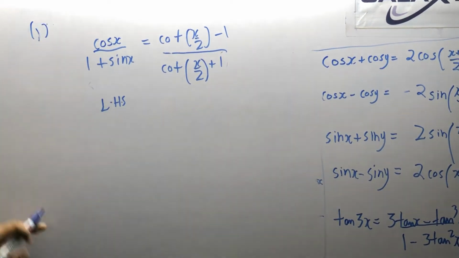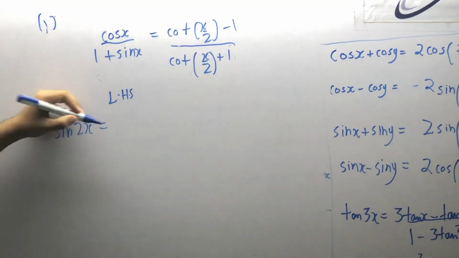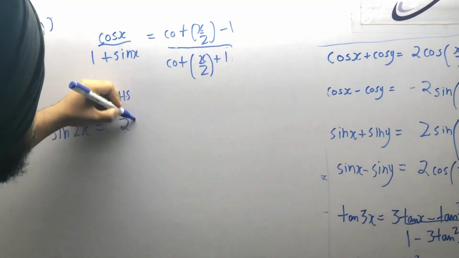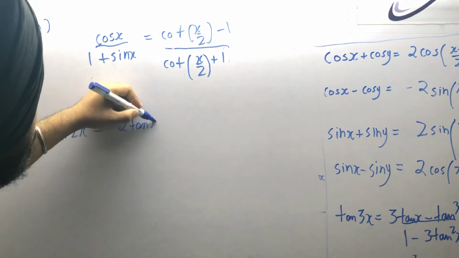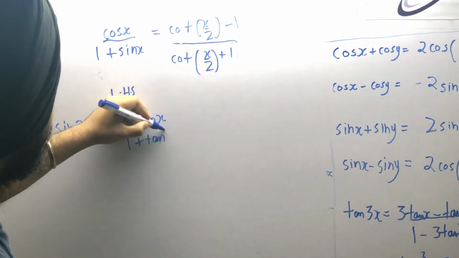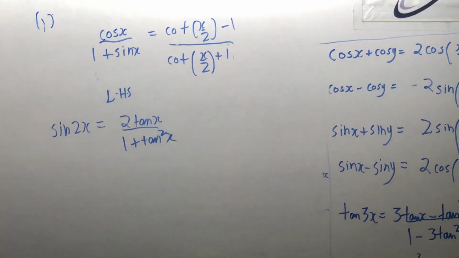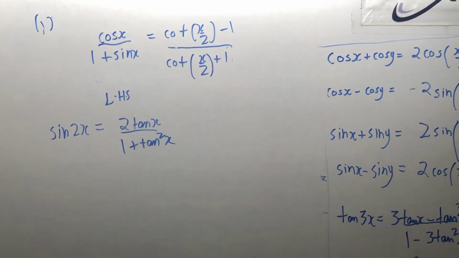You know the value of sin 2 theta in terms of tan. That is 2 tan theta upon 1 plus tan square theta. You know this formula, we have done this formula before.